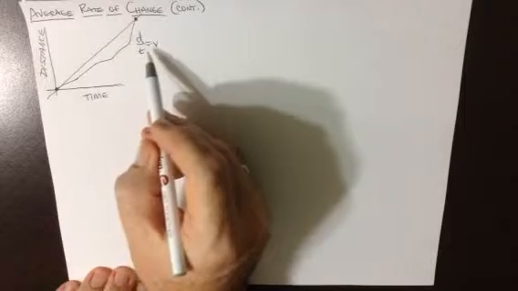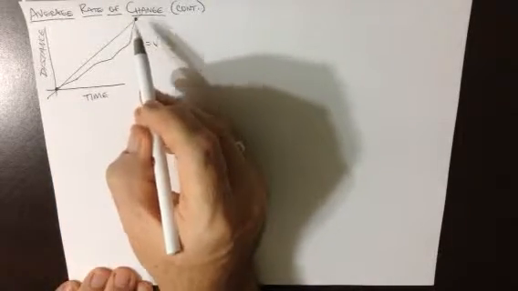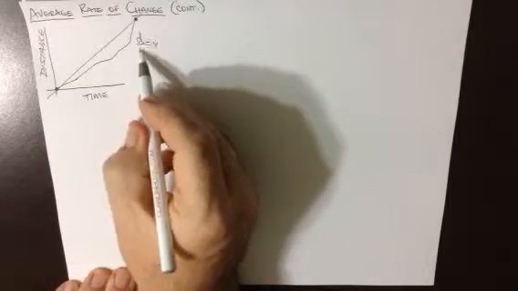So if we were to figure out the average rate of change or the average speed, I would take the time and the distance here and the time and the distance there, and so that would be distance divided by time.